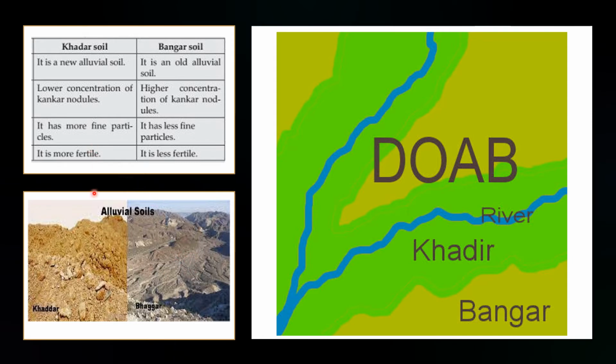The new alluvium is more fertile, while the old one is less fertile. Here we can see in the Doab region, that is those areas where several rivers are meeting, the Khaddar is closer to the river, while the Bhangar, which is older, is further away from the banks of the river.